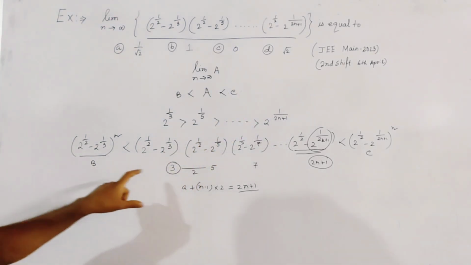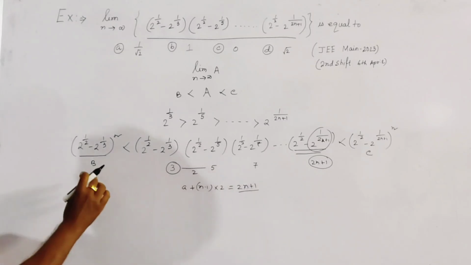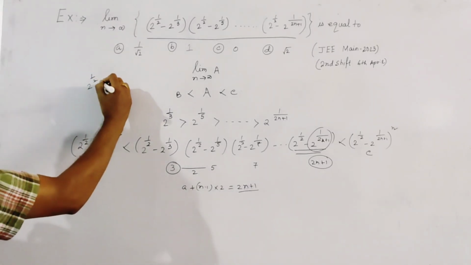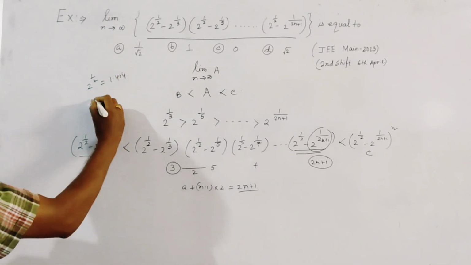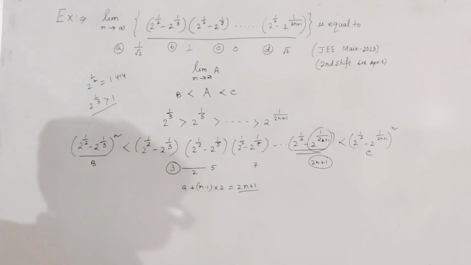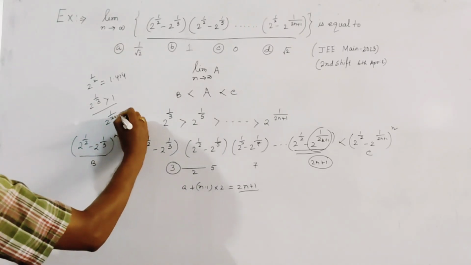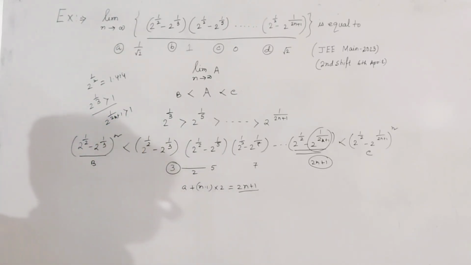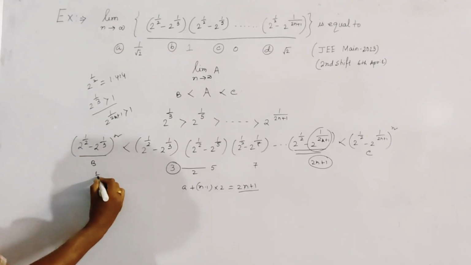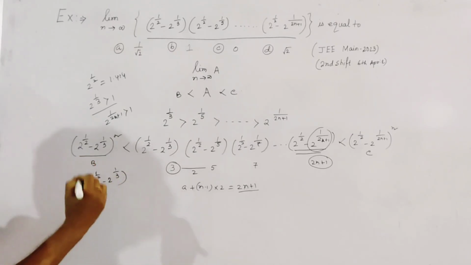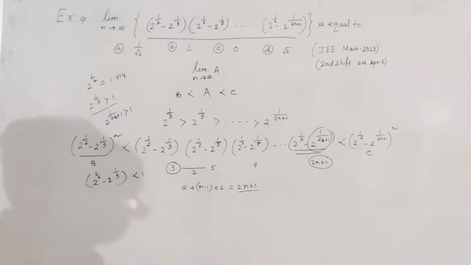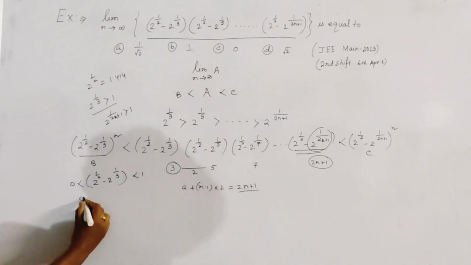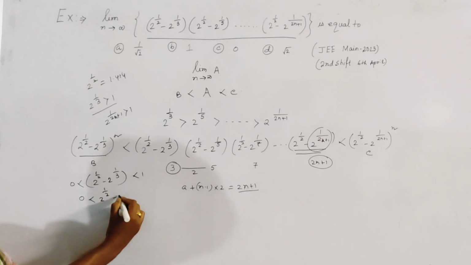We know that 2^(1/2) is approximately 1.414, and 2^(1/3) is greater than 1, and similarly 2^(1/(2n+1)) is also greater than 1. So the term 2^(1/2) − 2^(1/3) must be less than 1, because this is 1.414 minus something greater than 1, and it is also greater than 0, and similarly for the other term.